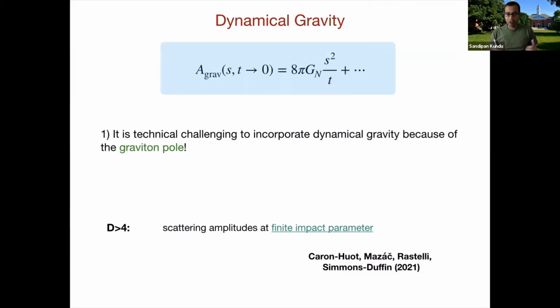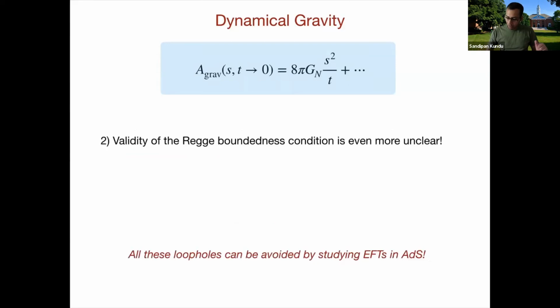Since you're studying it in impact parameter space, all the problems with t-channel poles are not in their argument. But conceptually, one problem is still there. When you have dynamical gravity, the validity of the Regge boundedness condition is even more unclear.